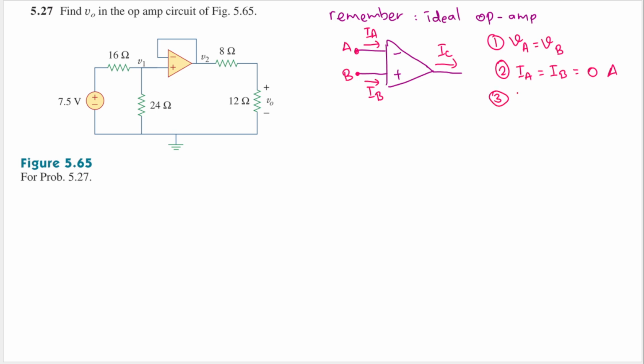IC is not the sum of IA and IB. That means that an op-amp is not a KCL node. So these are three properties of an ideal op-amp that will be very helpful for solving this problem.